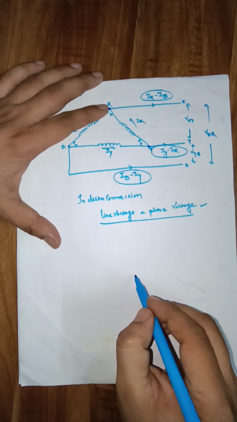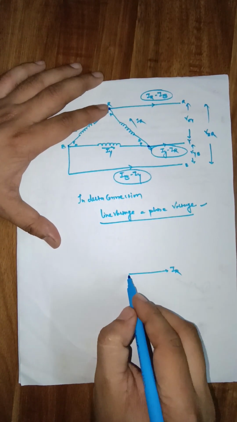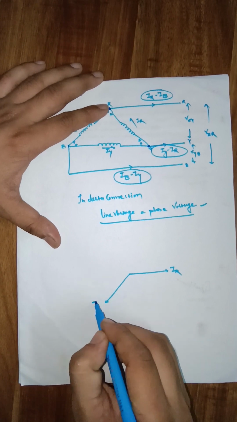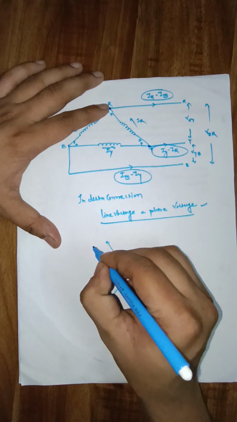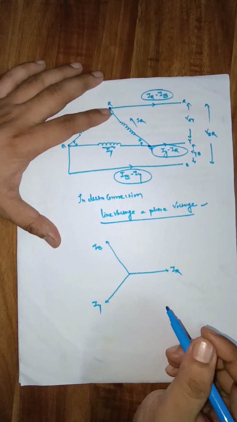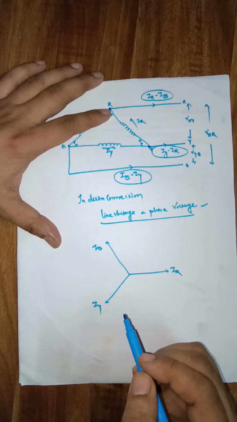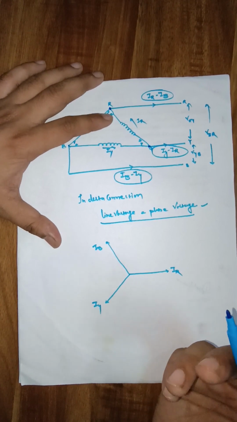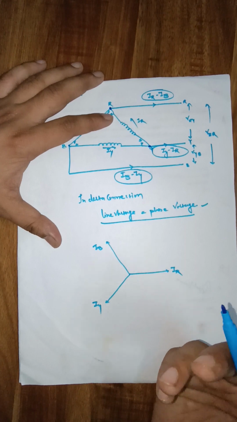So let me draw the current phasor. If this will be your IR, then this will be your IY, and this will be your IB. Clear? Now what we have to do? We have to find the line currents. Clear?